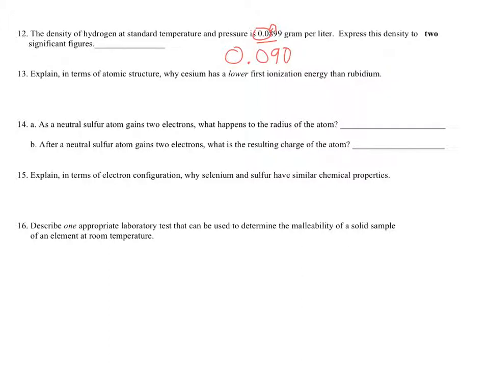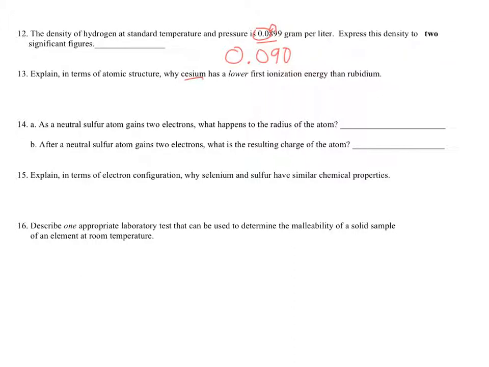All right, in terms of atomic structure, why does cesium have a lower first ionization energy than rubidium? Well, these two elements are in the same group. They are both group 1 elements, and cesium is one period lower than rubidium.